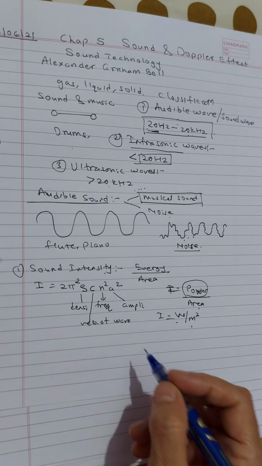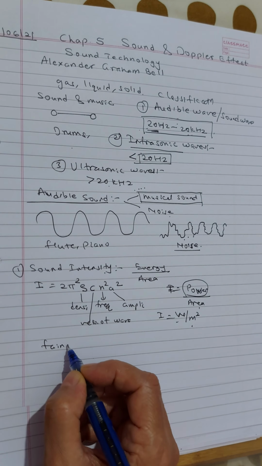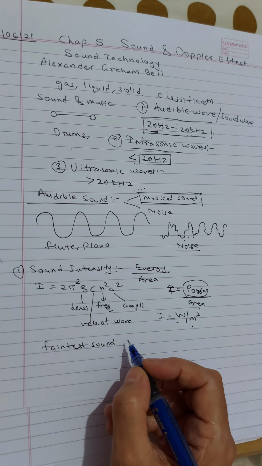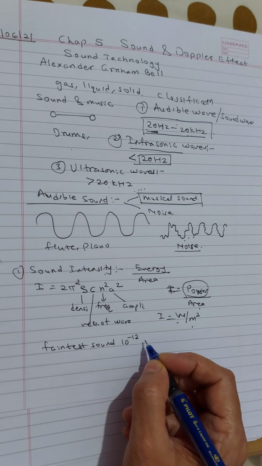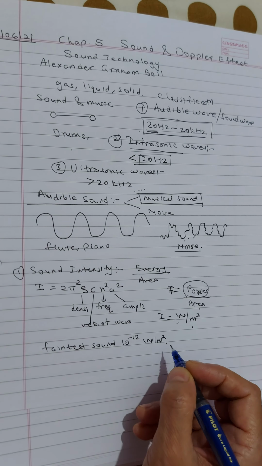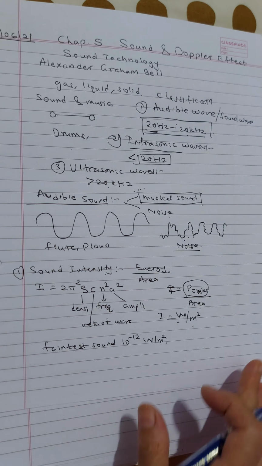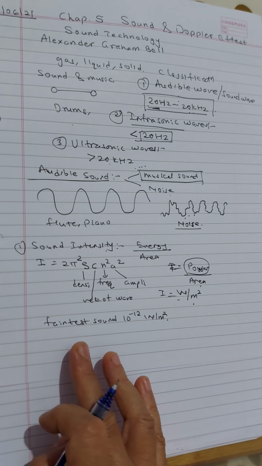The intensity of the faintest sound which can be heard is about 10^-12 watts per meter square. This is a specific value which we will come back to later, when we define the intensity level.